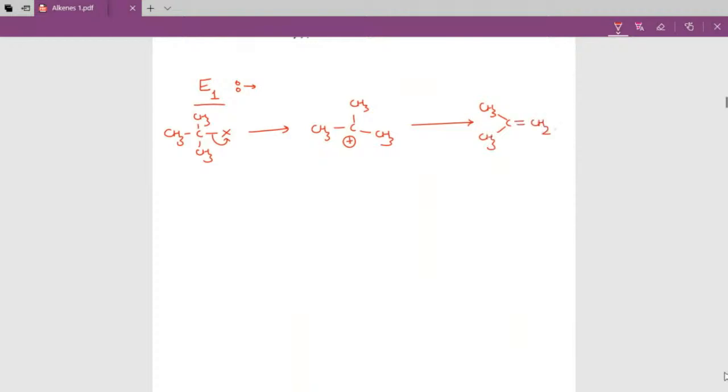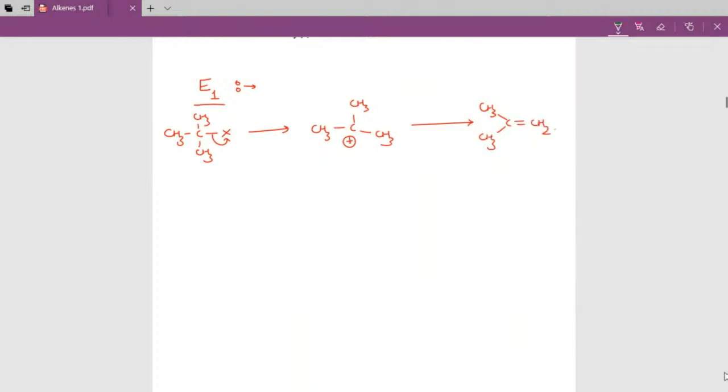First, E1 reactions. As we have already said, it is a unimolecular elimination reaction. Let me take a proper example to write the net reaction. Say this, it loses X, it forms carbocation, then this carbocation loses beta H, and we will have a double bond.